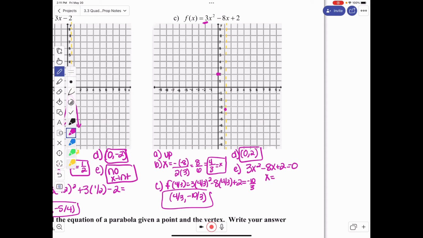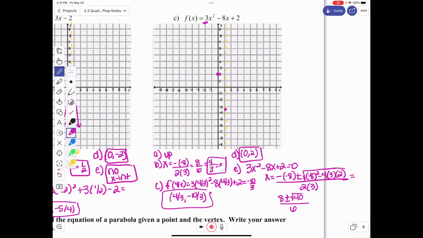So we have negative b, which is negative 8, plus or minus the square root of b squared minus 4 times a, which is 3, times c, which is 2, all over 2 times a, which is 3. Now, if I simplify that, I'll get 8 plus or minus the square root of 40 over 6.